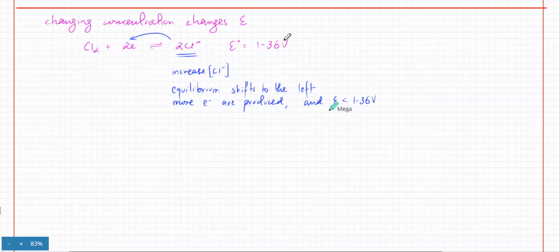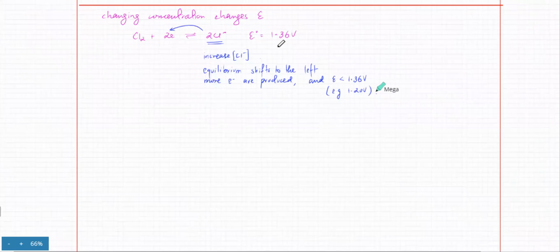So let's assume for example that it becomes 1.20 volts. The potential drops. This applies to all other reactions as well. According to Le Chatelier's principle, this equilibrium is going to shift if you change conditions. So if the equilibrium shifts in the backward direction, the potential drops.